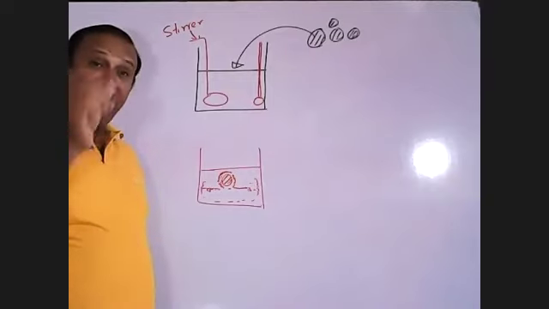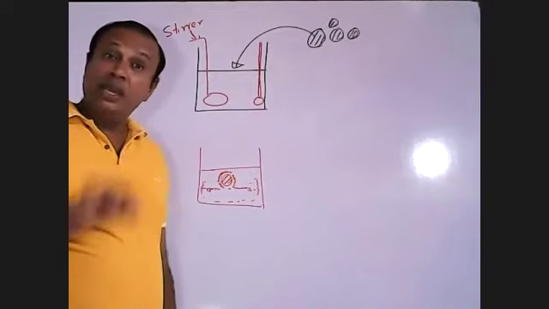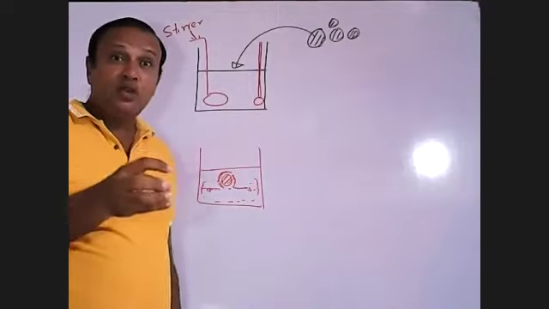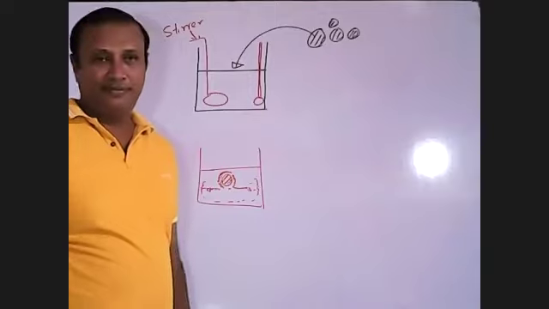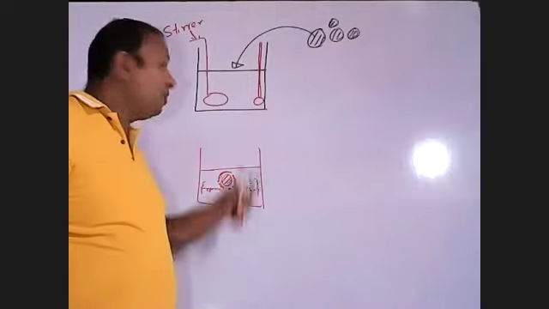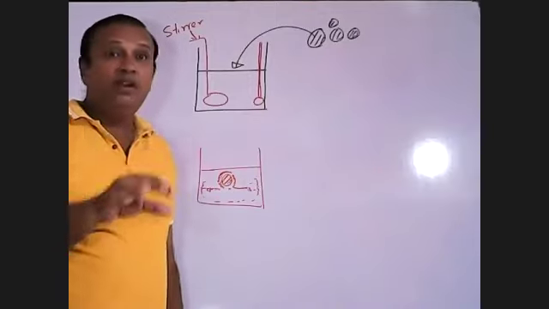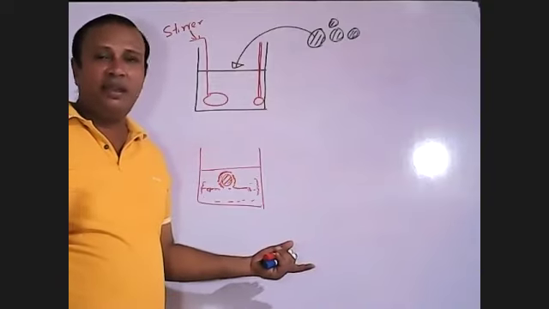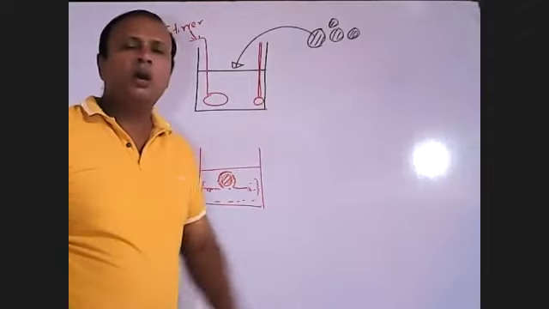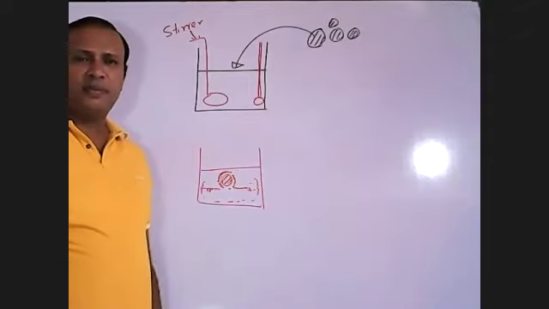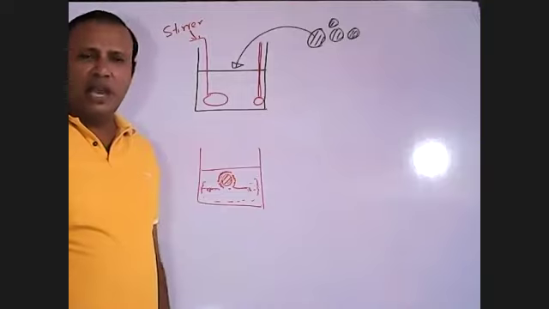So, if it is not a constant value, we cannot measure the heat gain of the water as well as the calorimeter. We cannot measure the actual heat gain because there's no constant temperature difference. How can we measure? It is very hard.